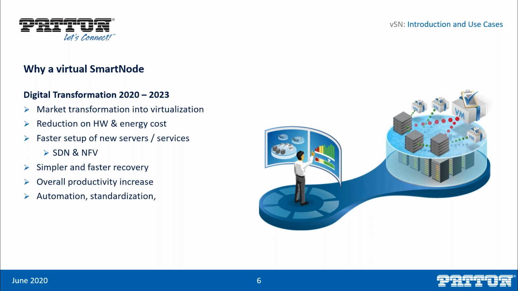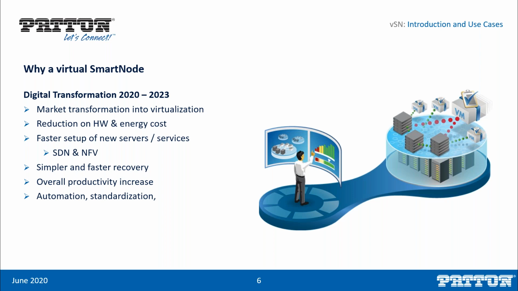Along with that, it also allows simpler and faster recovery. Assuming some issues on the hardware side, that can be covered in a way that applications are switched to a different hardware. So high availability is the keyword there, which can be covered with this virtualization transition we are seeing.